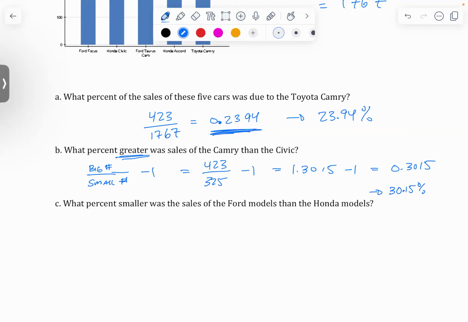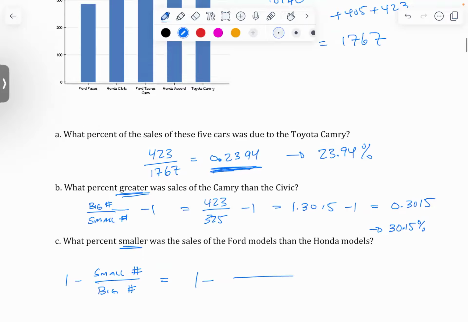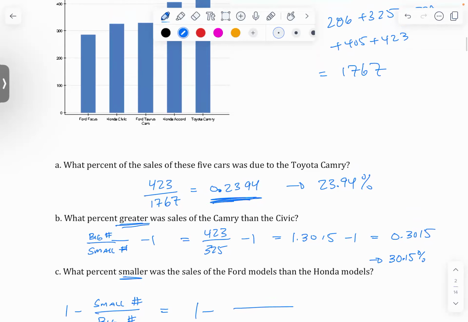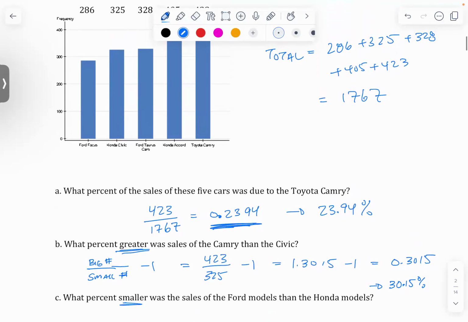What percent smaller was the sales of the Ford models than the Honda models? So percent smaller, so that's percent decrease. So small number over the big number, we have Ford and Honda.